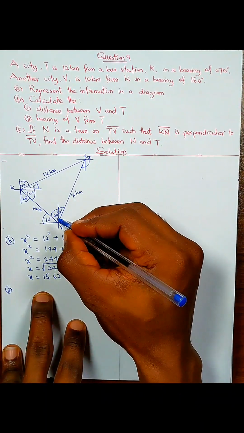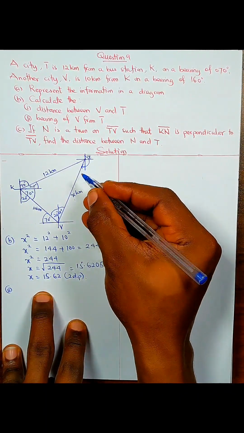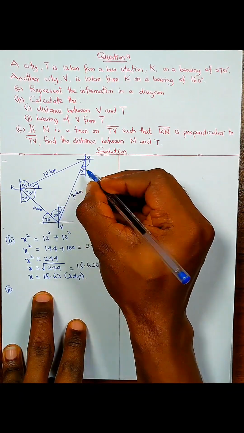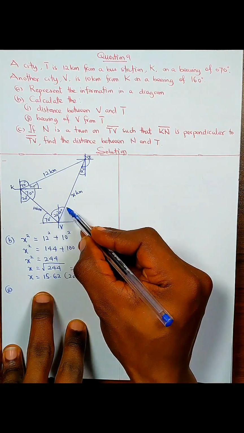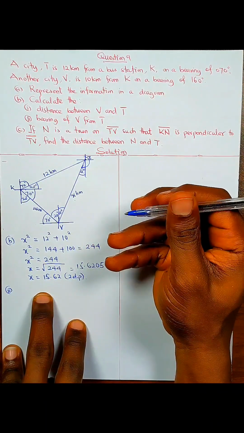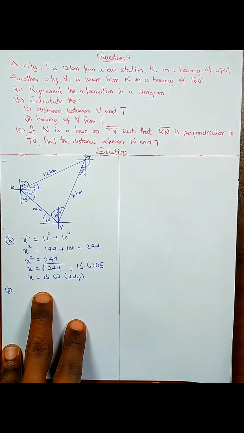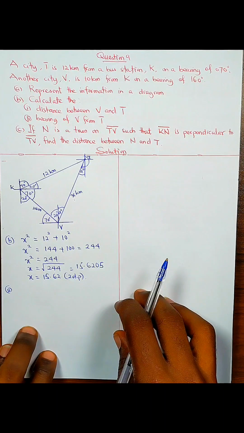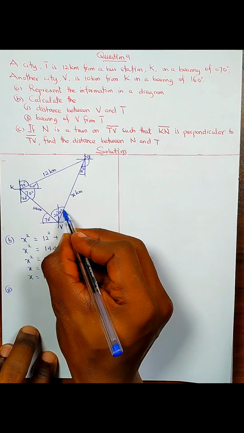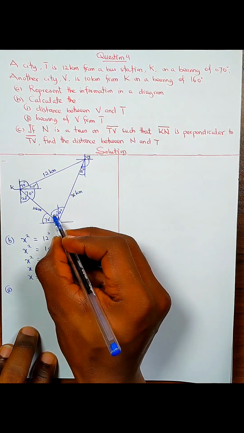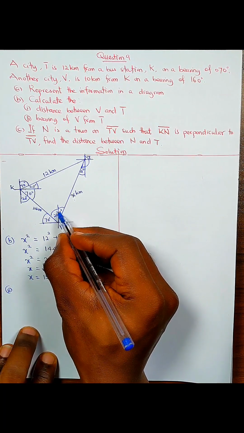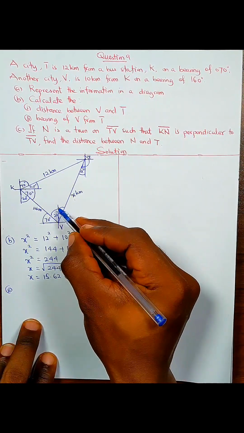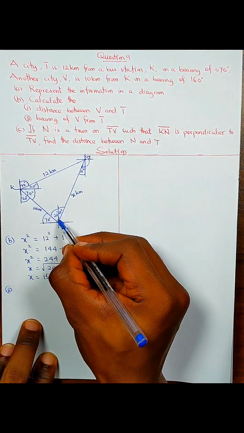How do we find the angle? You can see this is a Z angle. So this angle here is also A degrees because it is alternating to this. That means that we need to find A in order to be able to find the bearing of V from T. How do we find A? We can use the trigonometric ratio tan. So using this side, we can say tan of this whole angle is equal to opposite over adjacent, and the opposite of this angle is this side and adjacent is going to be this side.